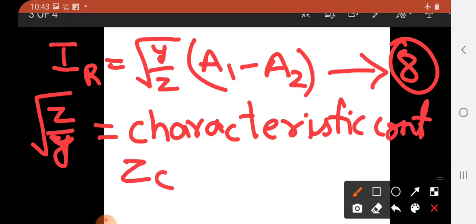Next, square root of YZ is one more constant.